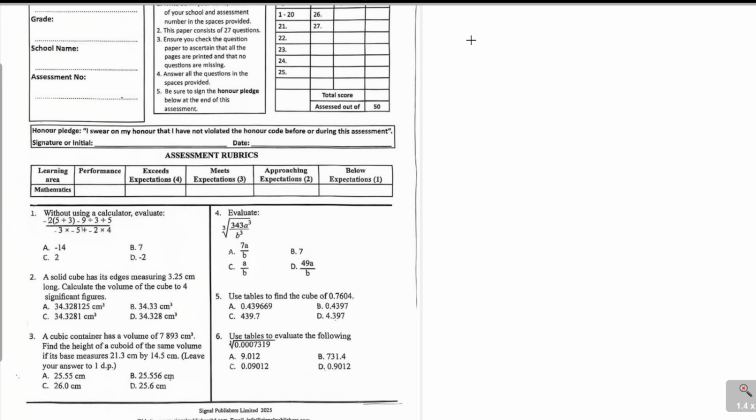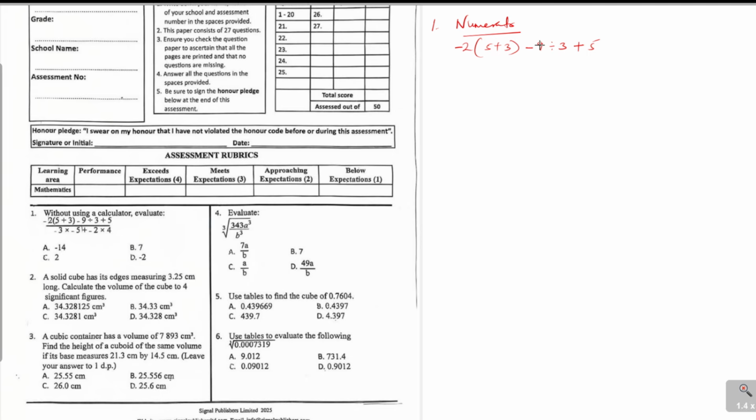So for this question, let me start with the numerator. So the numerator. For the numerator, you have negative 2 into brackets 5 plus 3, minus 9 divided by 3, plus 5.